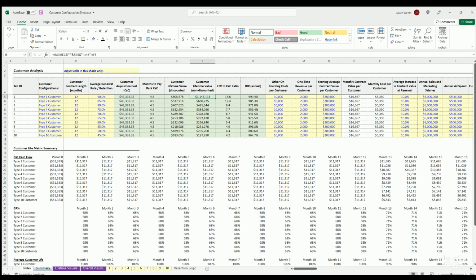This number is just these totals not discounted, but adding back the CAC. So essentially, the only number that comes out at the upfront is, again, the initial onboarding cost or revenues less additional onboarding costs. So that's why you can see, if I do the math here real quick, this 1,145,000 is equal to all of these cash flows for type 1 customer.